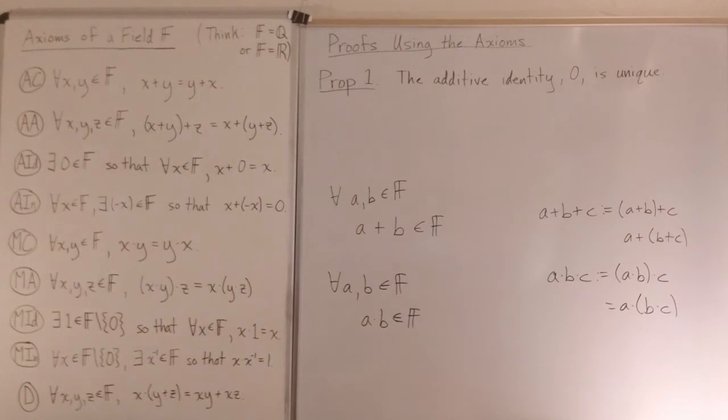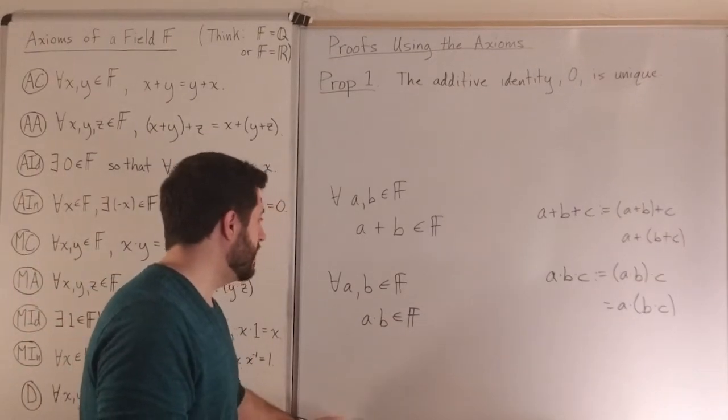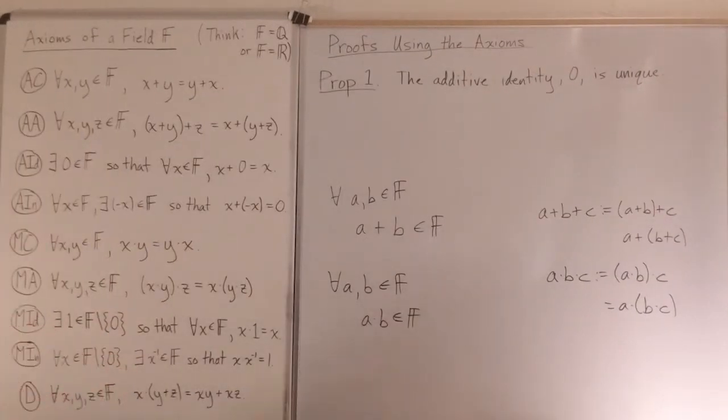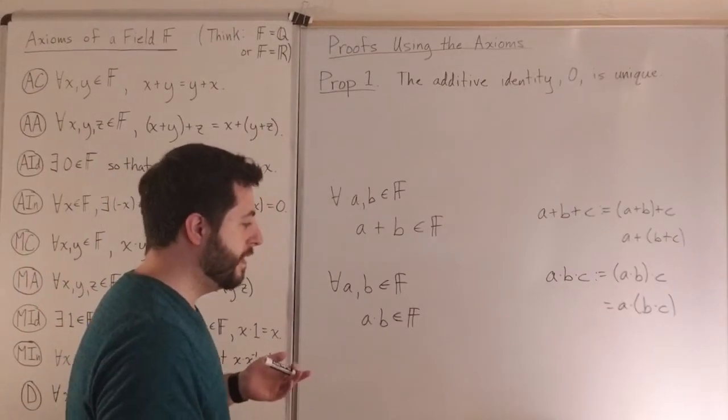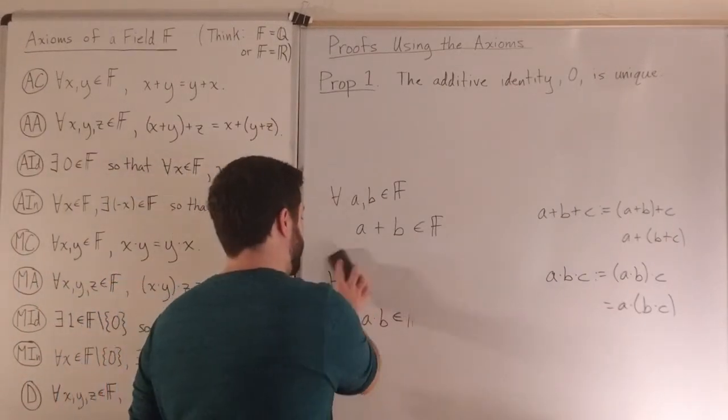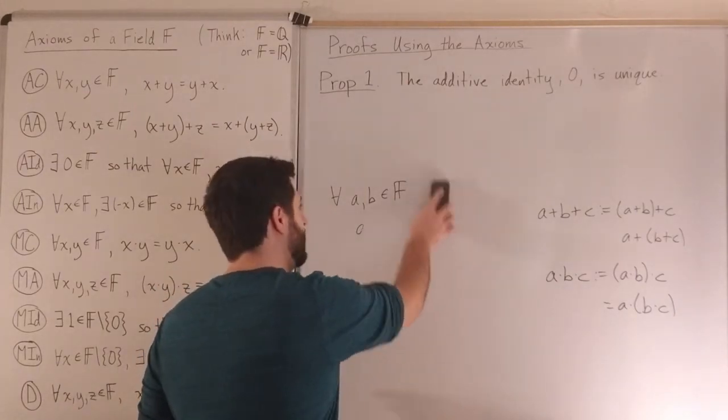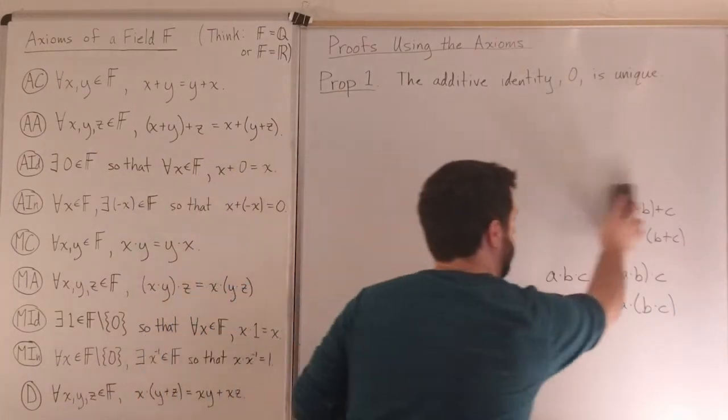Okay, so this in its entirety is going to tell us a lot about the object F. In particular, we're going to be able to prove some things using just these 9 statements here. And they might seem obvious, but the proof isn't. It's not enough to say obvious, duh, shaded box.